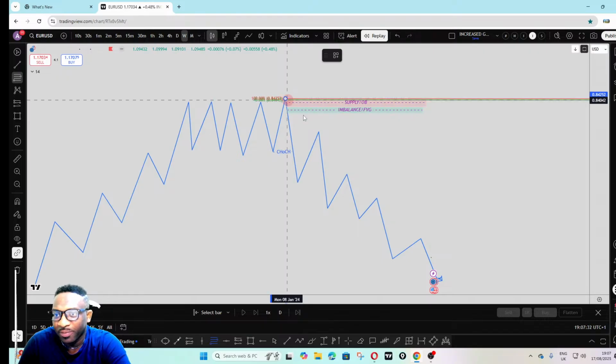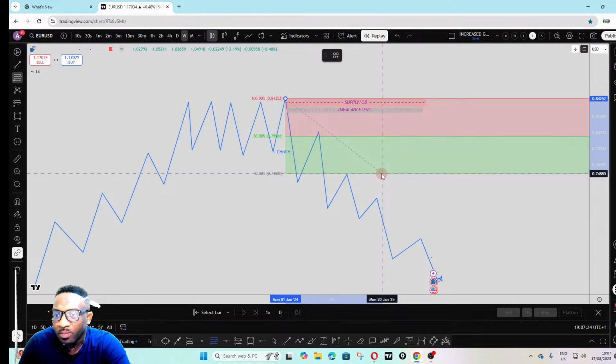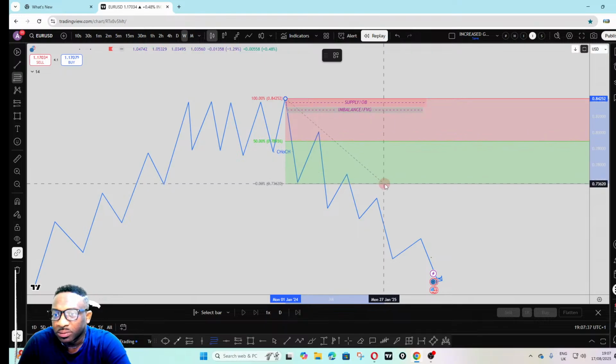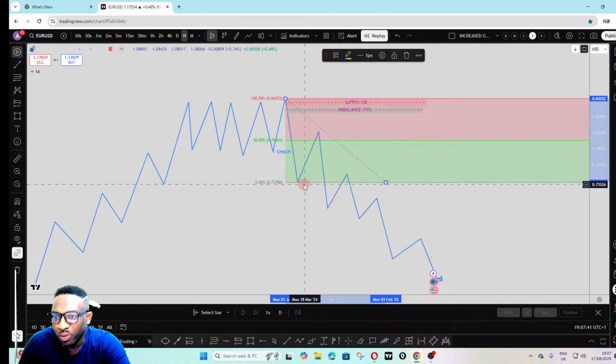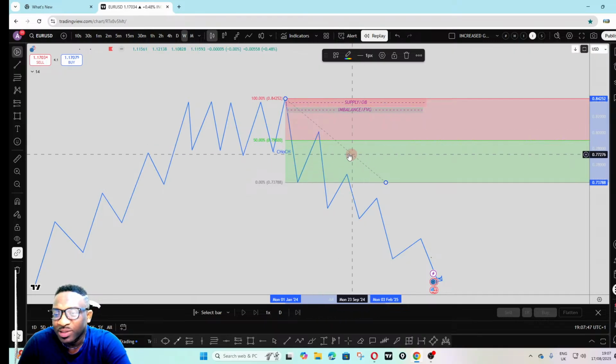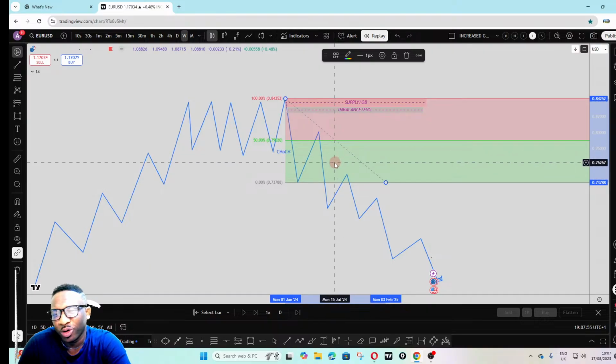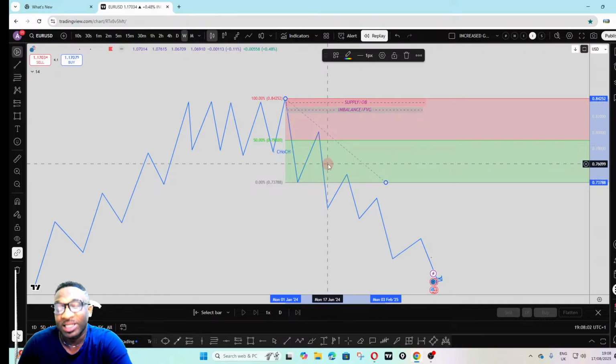You take it from the high to the low of the move, which is here, just to make it clear for us to know the premium side and the discount zone. Just as in anything, if you want to sell your products, you want as high a price for your product as possible.